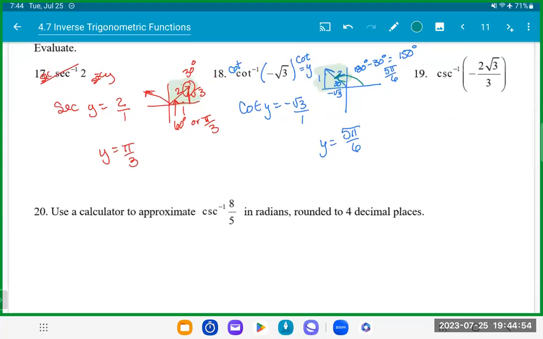All right, so with our cosecant here, this equals y, so we're going to take our cosecant, those will cancel, so we get cosecant of y is equal to negative 2 square roots of 3 over 3.